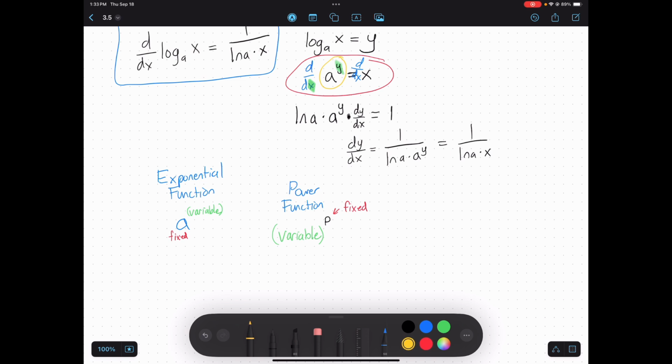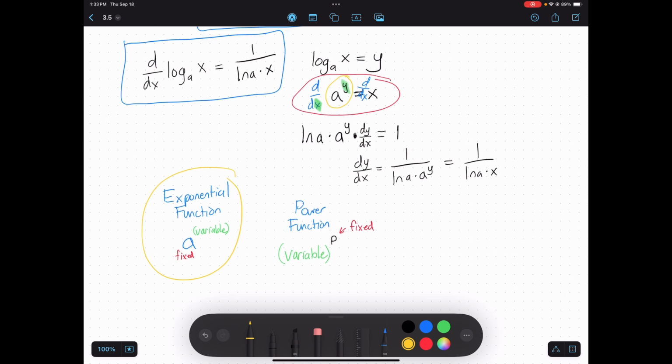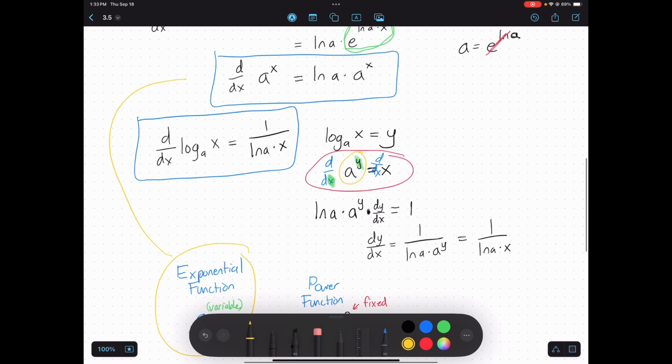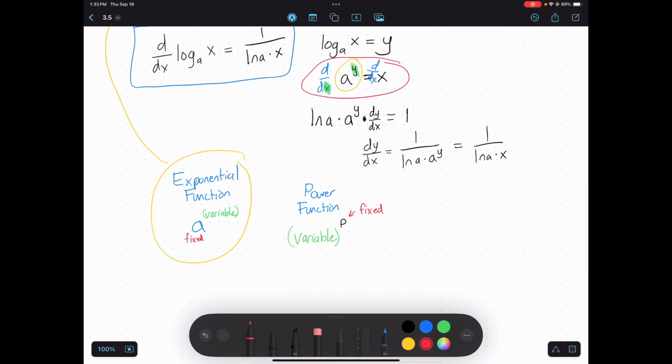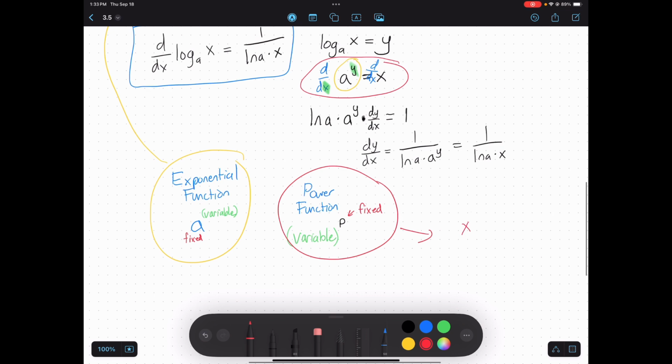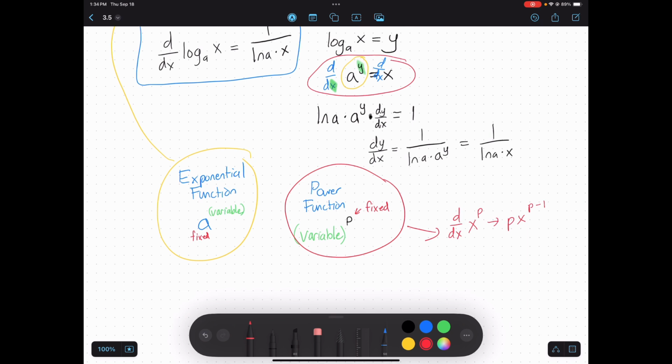Any function in this form is going to use this new derivative rule that we just learned. But anything in this form, anything that's a power function, is going to use that rule where if you have x to the p, then your derivative is p times x to the p minus 1. So that's probably going to be the biggest thing that'll trip you up. Don't confuse exponential functions with power functions and vice versa.